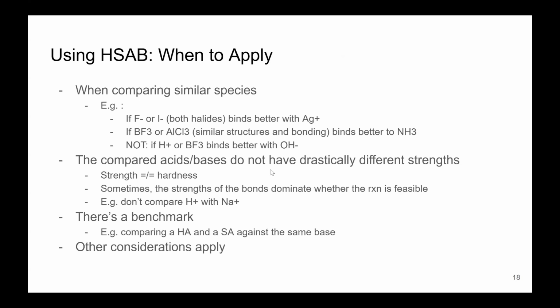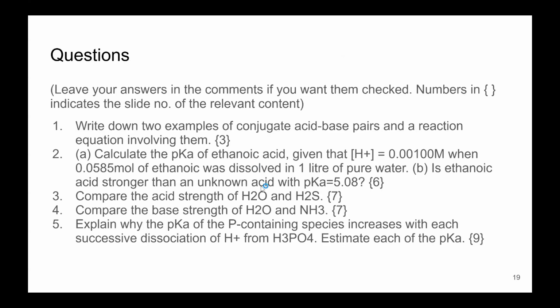There are just a lot of things to figure out, and I guess the best way to do that is to do more questions and see more compounds, and then you will have a general sense of when to apply HSAB, when to apply bond strength, and when to apply Lewis acid-base theory even, and that will really help you in the long run.